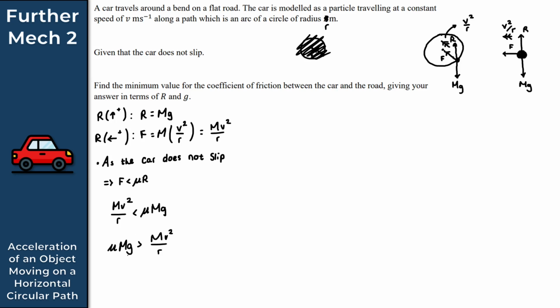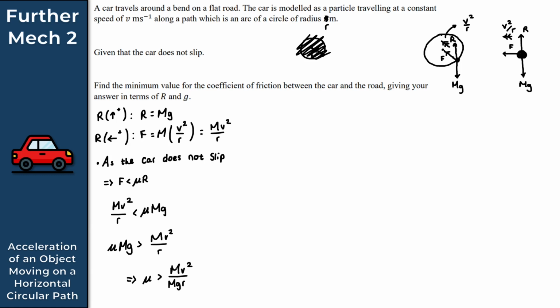That gives us mu on the left-hand side of this inequality. So dividing by Mg, we get mu is strictly greater than Mv squared over r times Mg.